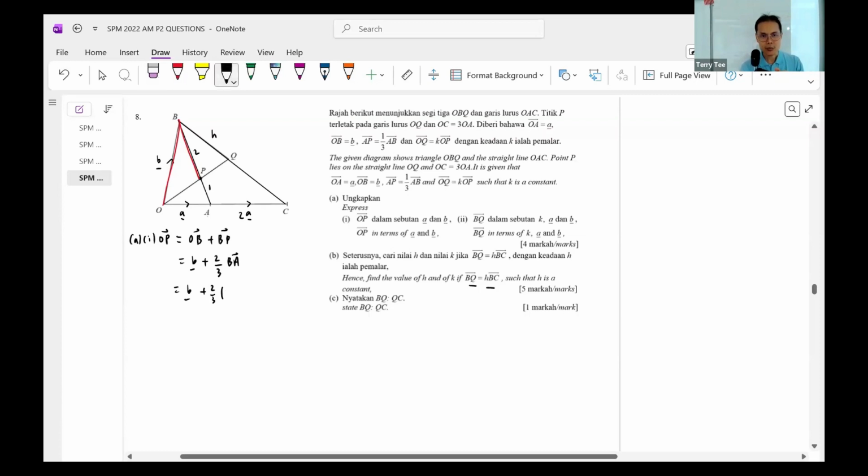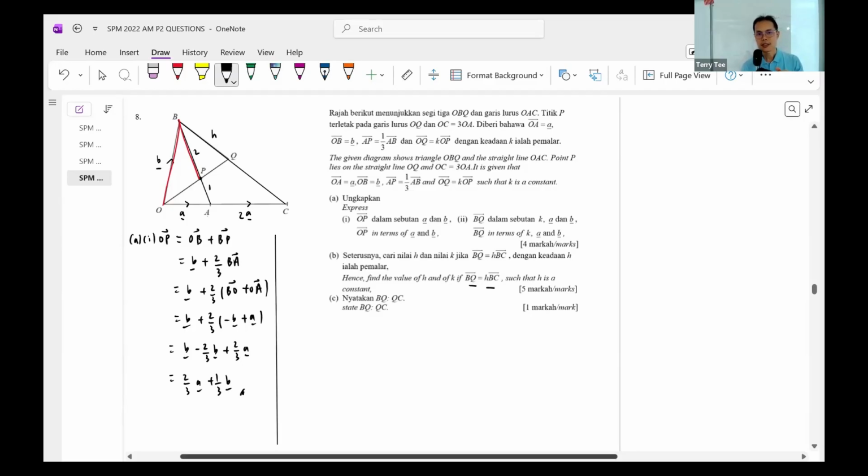Like I say, nowadays they want you to write the working BO plus OA. So BO is minus B plus A. Let us simplify this: B minus 2 over 3B plus 2 over 3A. Your answer is 2 over 3A plus 1 over 3B.